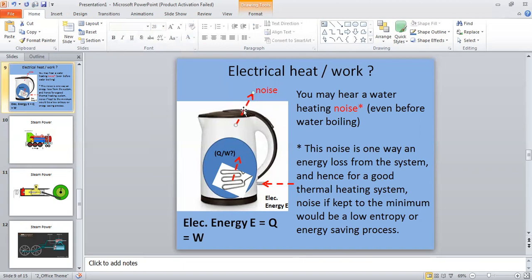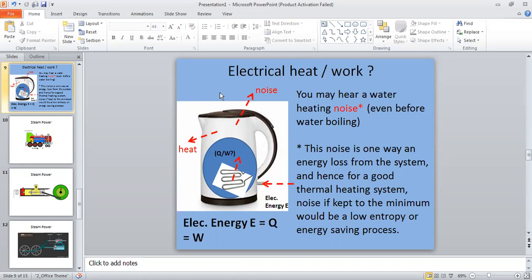In some cases, no, many cases, there is also heat loss. When you touch the kettle surface and it's hot, that means heat loss. So these also should be minimal, noise and heat, because otherwise you have to add extra energy input.